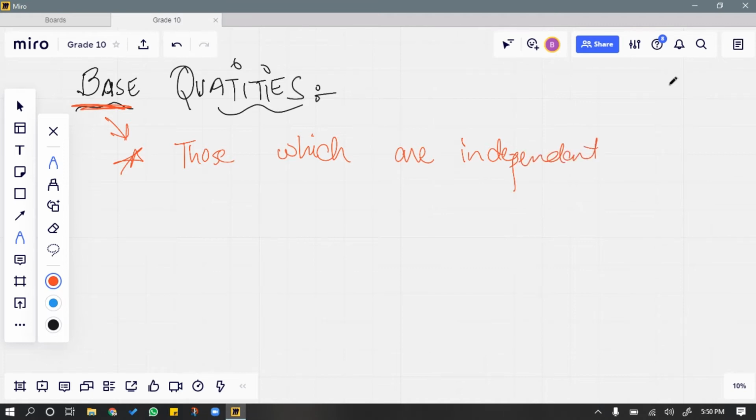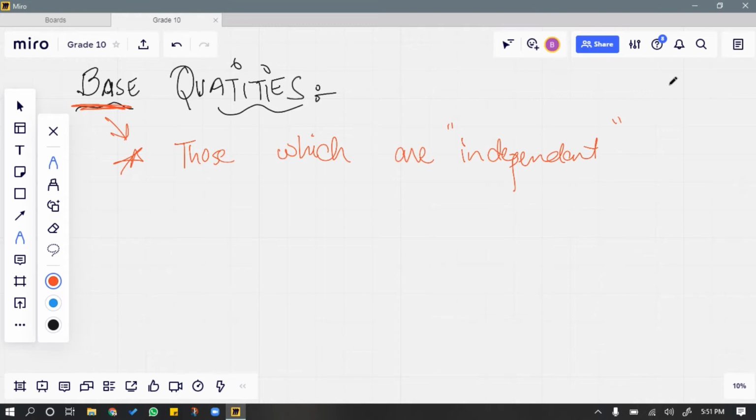Though it's not an appropriate definition to define base quantities, this is the best way I can elaborate the base quantity to you. Independent means you are not depending upon anything. You are doing your own things. So if you found a word independent, it means you can do anything by your own self.